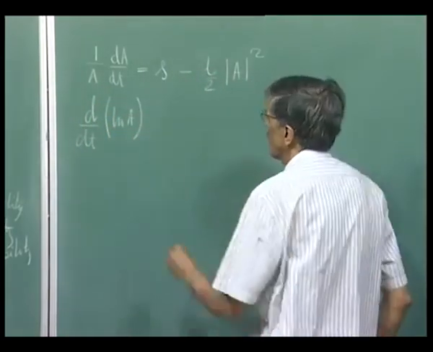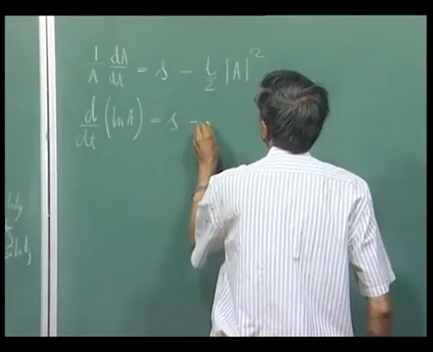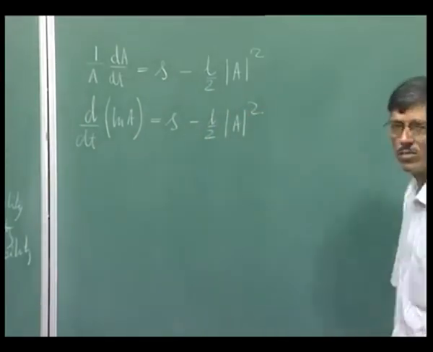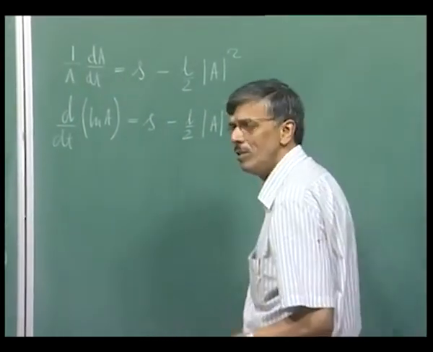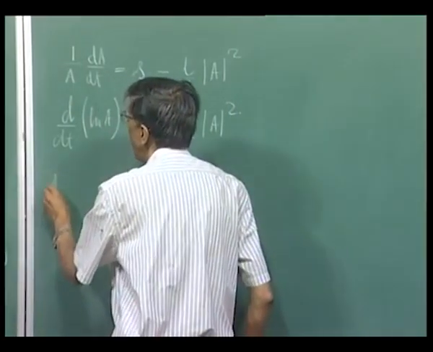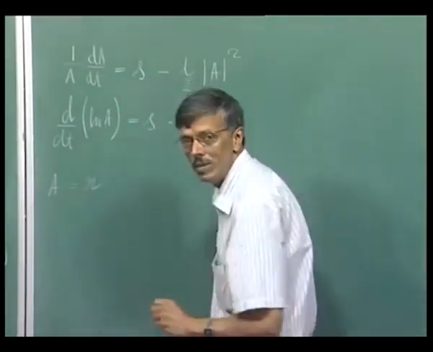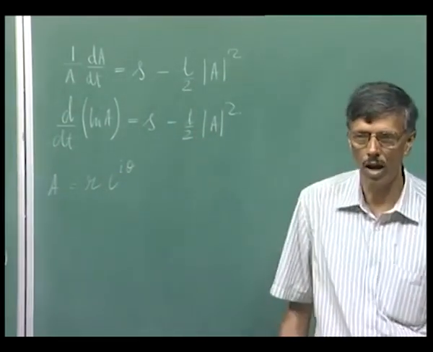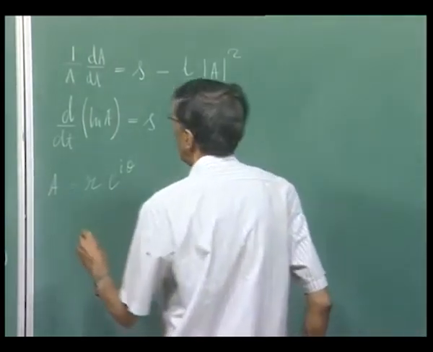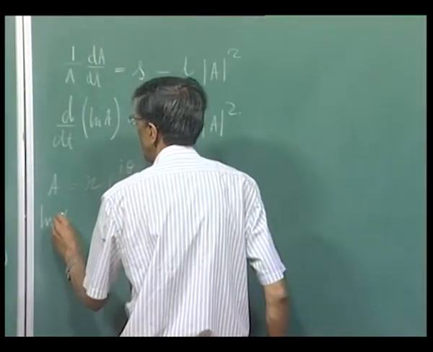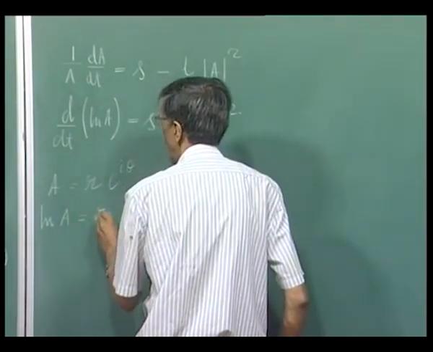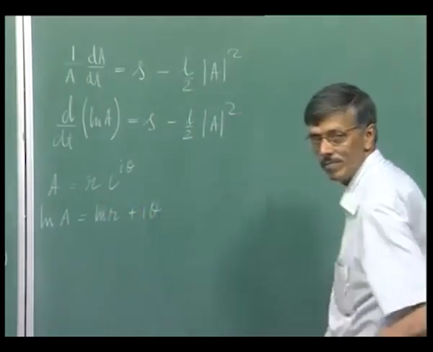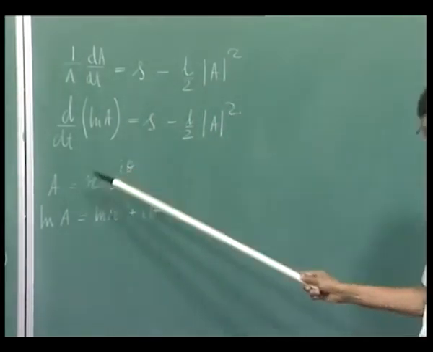You will agree with me? Now A itself is complex, so I could have a polar representation. If I write A as some radial value r times e to the power i theta, then of course, you can see that ln A is ln r plus i theta. So I could put it in there.